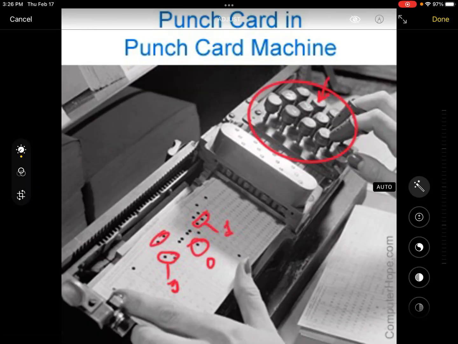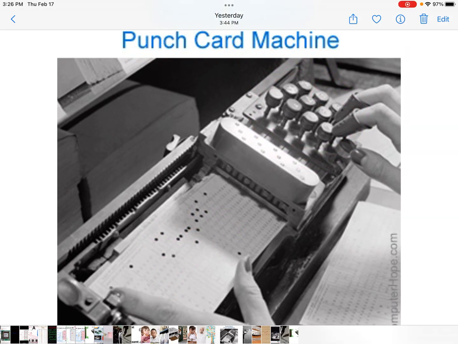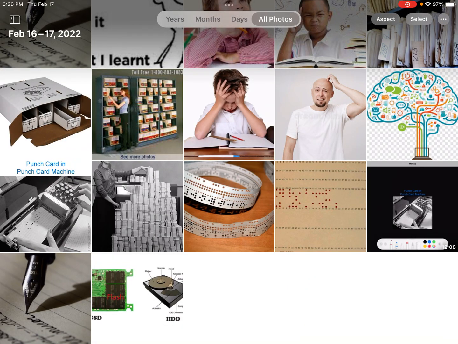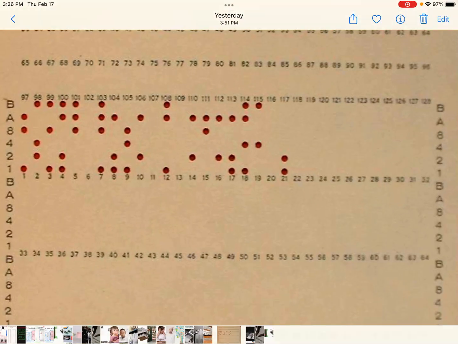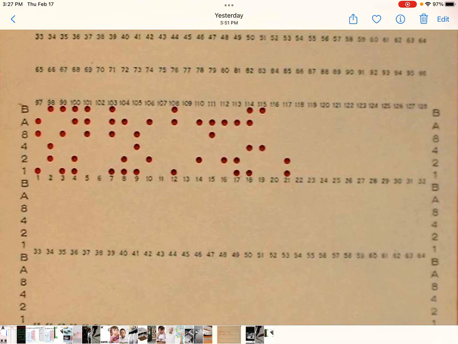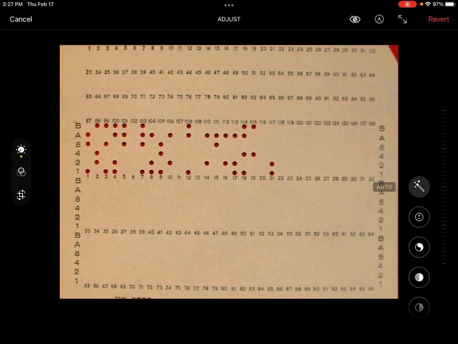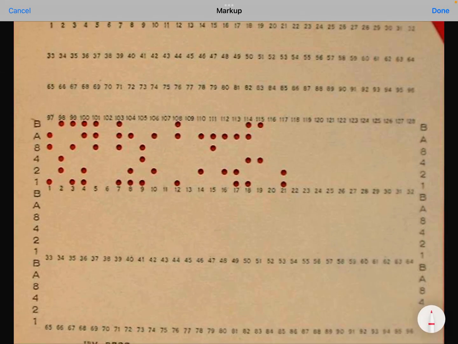Compare that with the way human beings saved information. We wrote it down, and this was a machine writing. The machine wrote just like we humans do, saving information by punching holes into a piece of paper.